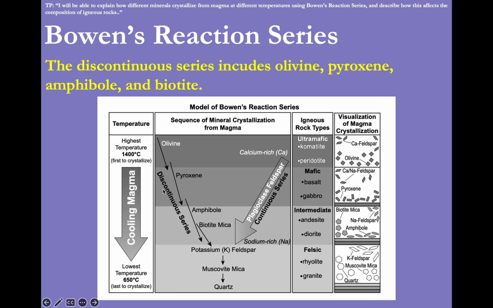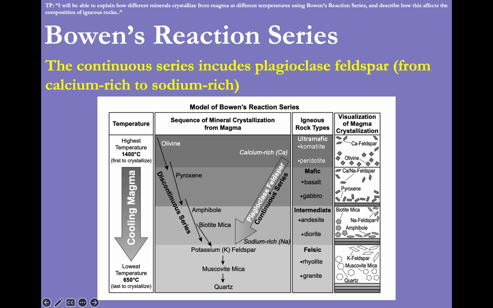On the other hand, your continuous series is on the right-hand side. The continuous series includes plagioclase feldspar, and this is going to be from calcium rich to sodium rich. So on the right side, we have the same mineral called plagioclase feldspar. Here we have a total of four different minerals.